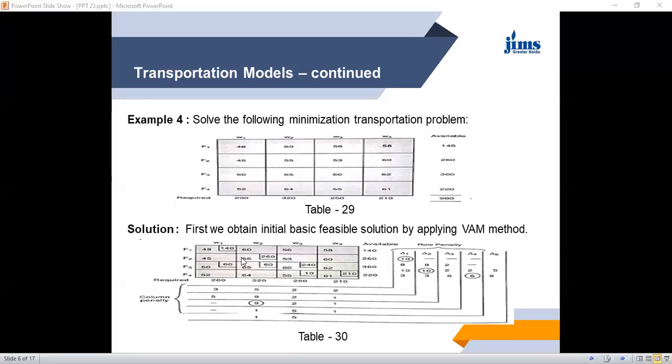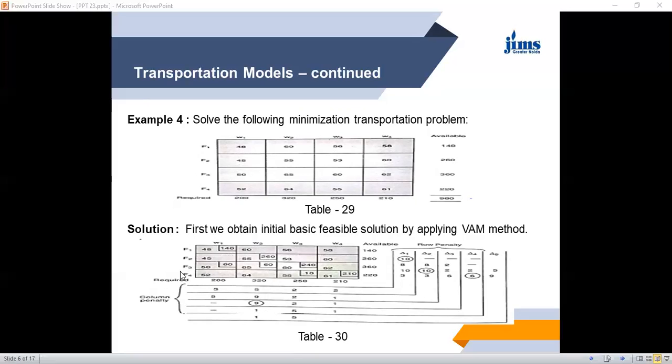So in the first row, what we see, the least cost is 48 and the next least cost is 58. So the difference is 10. So we write the difference 10.